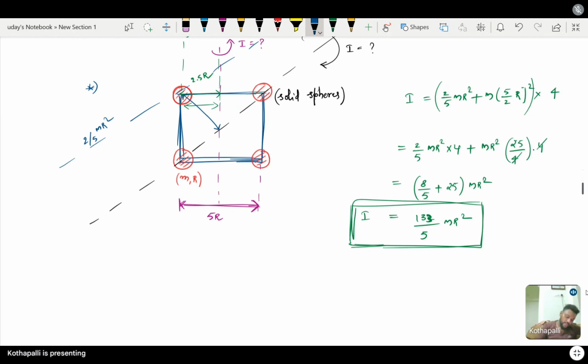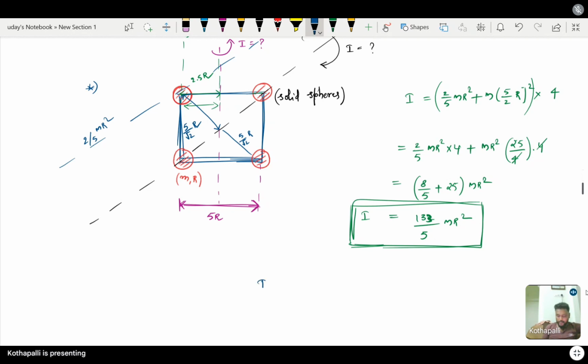So how much will it be? This is 5r. This is 5r. What about this? 5r into root 2 divided by 2, half of that. So 5r into root 2 by 2. That means 5 by root 2 into r. Same for this also, 5 by root 2 into r.